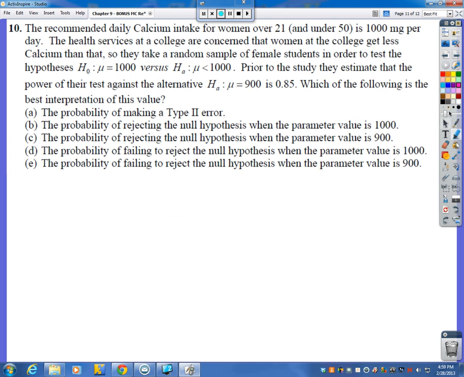Which of the following is the best interpretation of this value? Now, this isn't a typical type of problem here, but notice our alternate hypothesis is that mu is less than 1,000. Well, there are many numbers less than 1,000. So what they did was they just picked a value that is less than 1,000, and they picked 900. Now, 900 is 100 below 1,000. The farther we get away from 1,000 and below 1,000, the power of our test increases closer and closer to 100%.